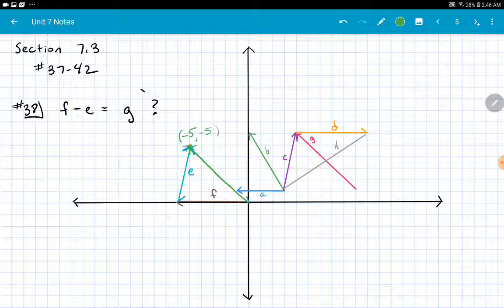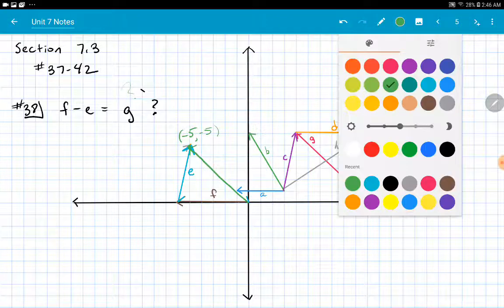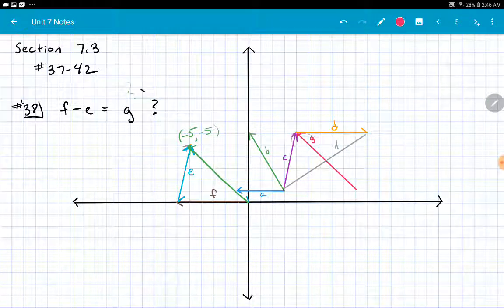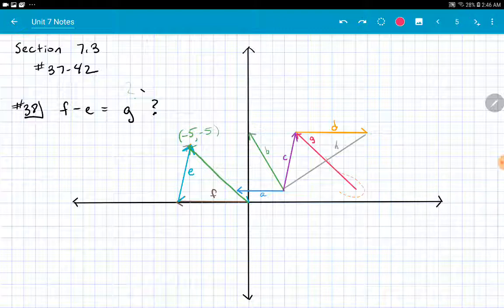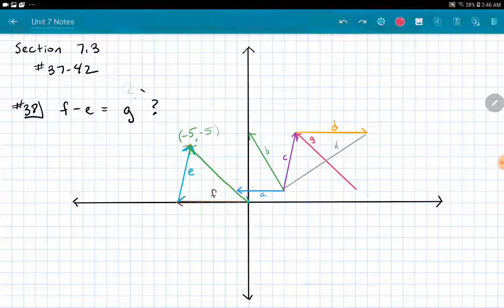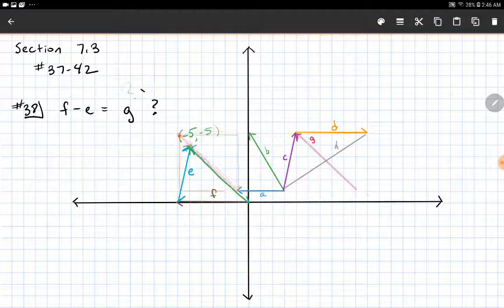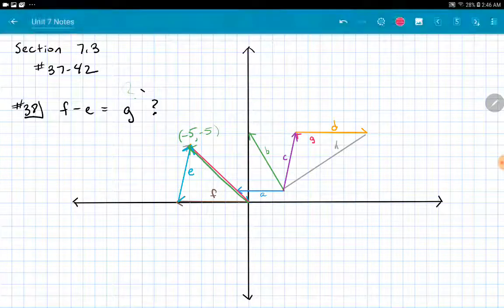And I want to see if that is the same thing as G. So is it equal to G? I guess I should have used red. So looking at G, is that the same as the result I get when I subtract E from F? And it is.